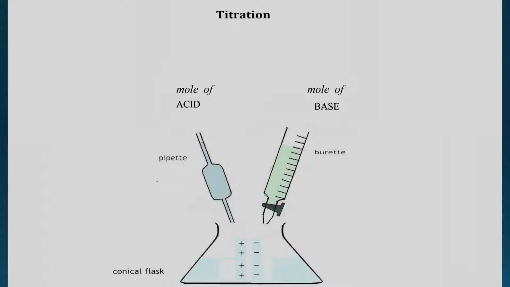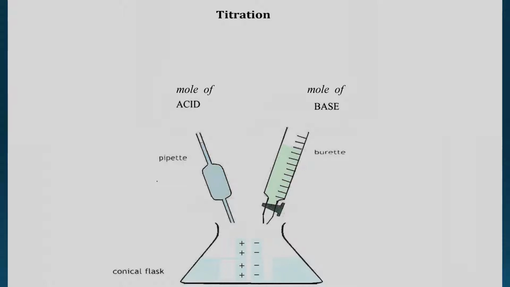Titration is an acid and a base neutralizing. When acid and base neutralize, the H plus ions and the OH minus ions should be equal, and that's called neutralize.